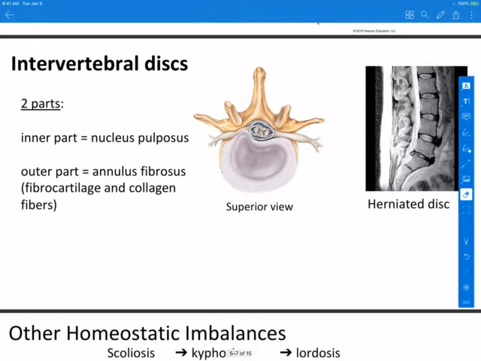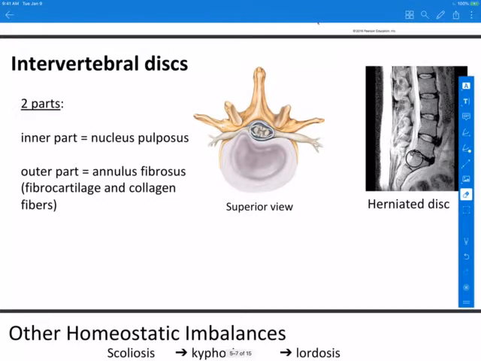Sometimes when people undergo a sudden twist or a sudden movement where they bend forward, what can happen is the intervertebral disc can be damaged such that the nucleus pulposus flattens out and pushes through the annulus fibrosus, and that leads to a herniated disc, also known as a slip disc.